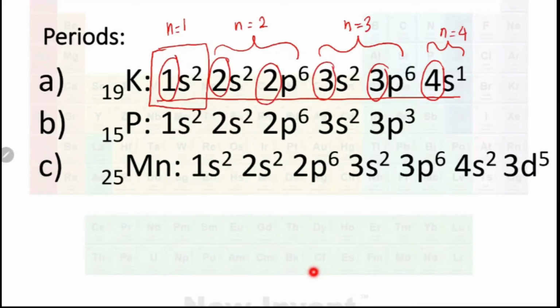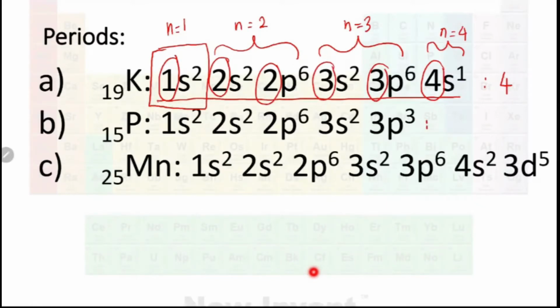So how many shells are occupied by electrons for potassium? 4. So potassium is in period 4. How about phosphorus for question B?